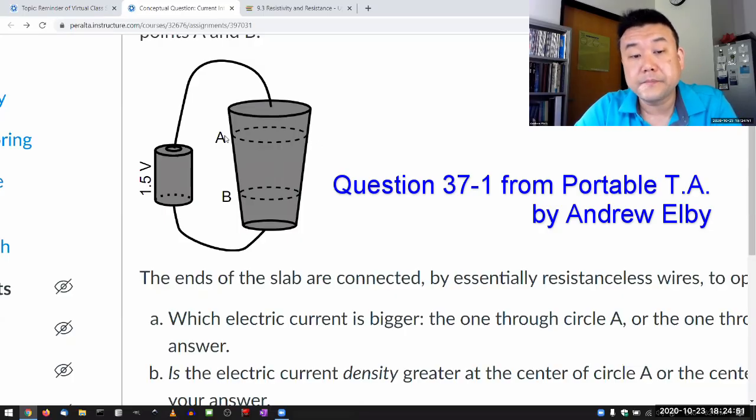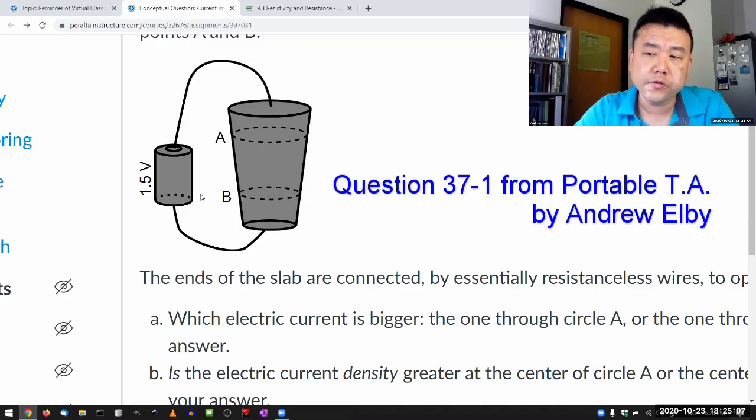And I'm telling you that the amount of current that crosses through this cross section at any point in time is the exact same amount of current as through the cross section here.